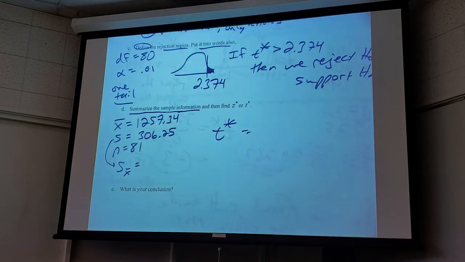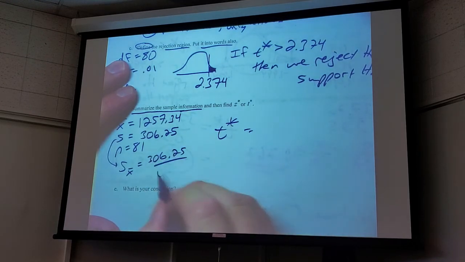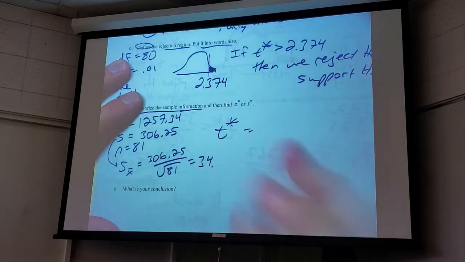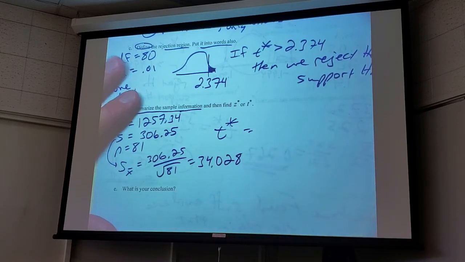People don't understand this because some people think when you do sigma X bar, you're making a sample. No, you're not. You're taking it from an individual spread to a spread of groups. S is an individual spread. I still got to take it to a spread of groups of 81. 34.03, and stops. 028?